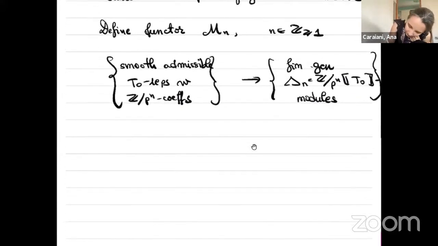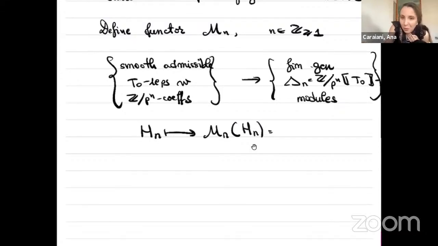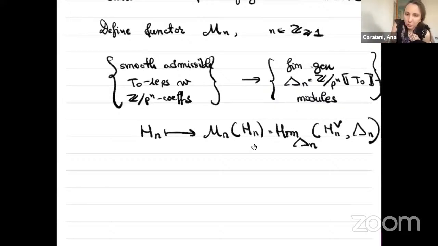And this functor is going to take an object in here to basically Pontryagin duality, but a double dual. So I also want to take a dual with respect to this Iwasawa algebra. So Hn Pontryagin dual, and then I take the dual of this with respect to the Iwasawa algebra.